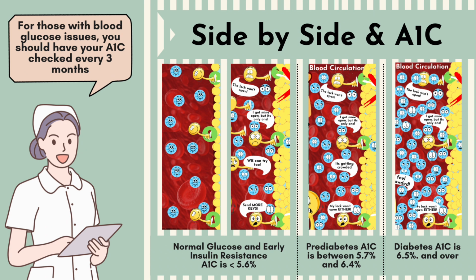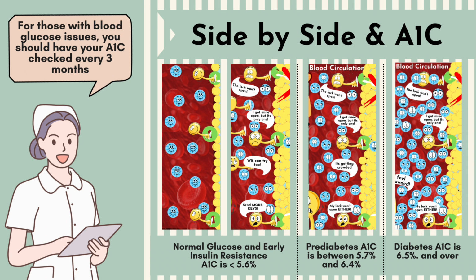There may be an A1C that's a little bit on the higher side, but still within normal ranges, okay? So that's going to be key to understanding the difference between early insulin resistance versus when this has moved beyond that threshold, okay?